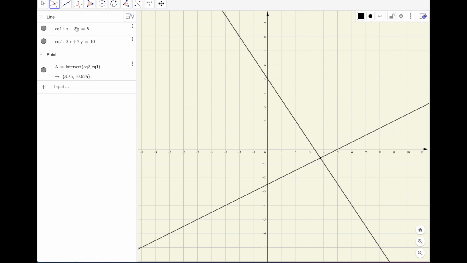y value. But of course, when you do it graphically, these numbers might not be the exact values. These might be approximate values. Of course, you can change these to higher precisions, but anyway, algebraically, this is the power of algebra.